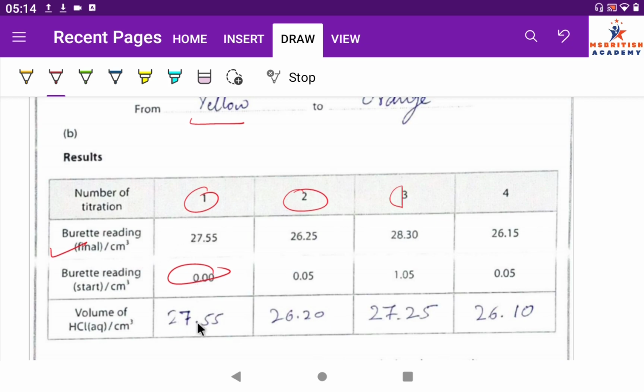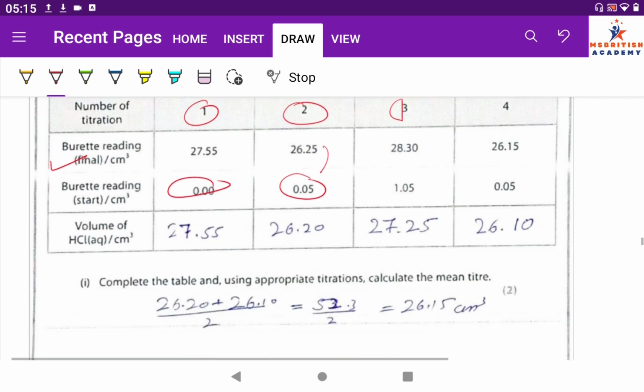So it will be 27.55, but in the second we will subtract because liquid was already present there. So it will be 26.2, and here it will be 27.25, and in the last one it will be 26.1.